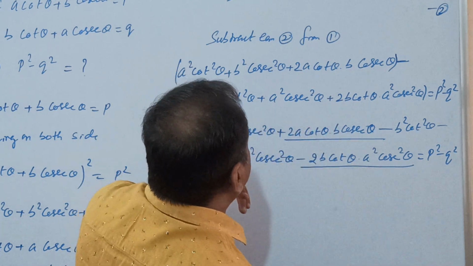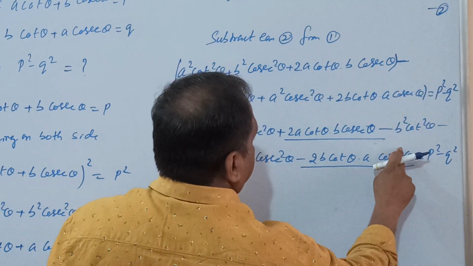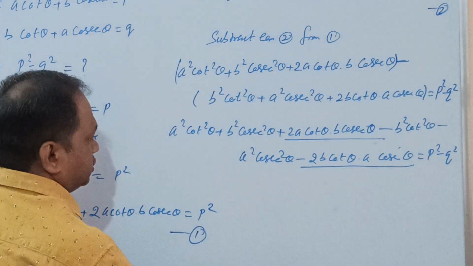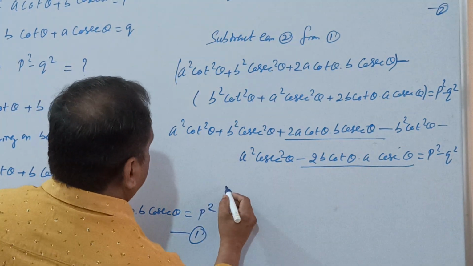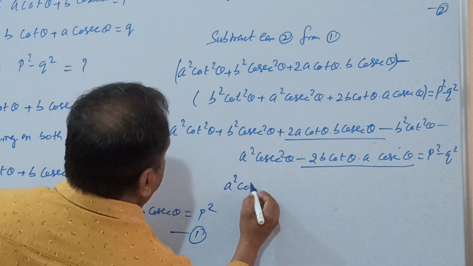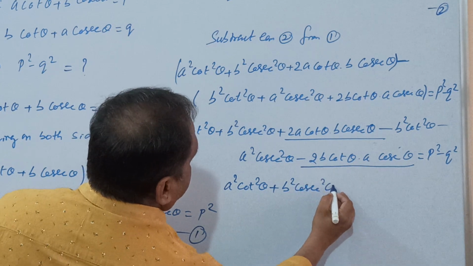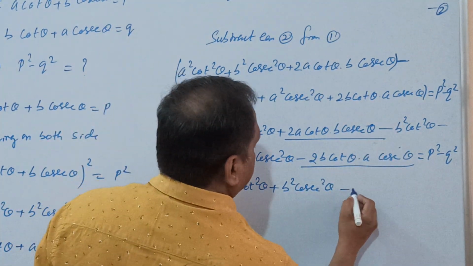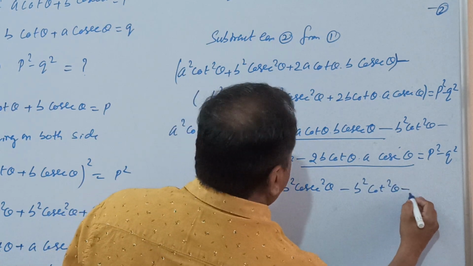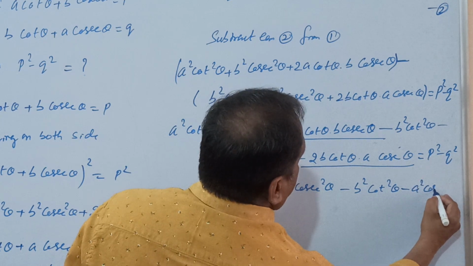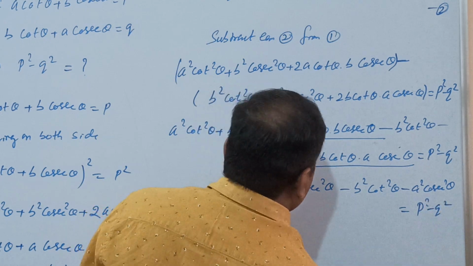The remaining terms are a square cot square theta plus b square cosec square theta, minus b square cot square theta, minus a square cosec square theta. The RHS is p square minus q square.